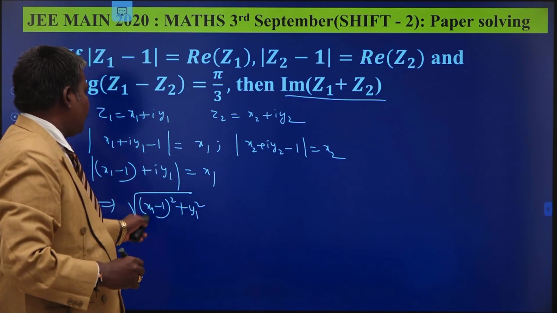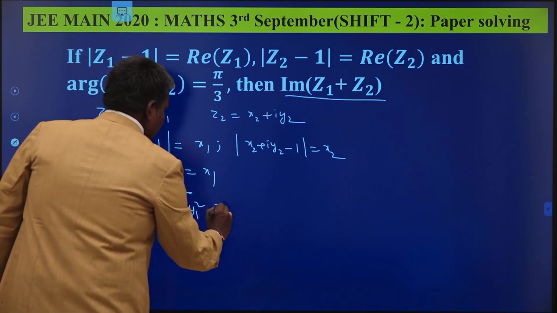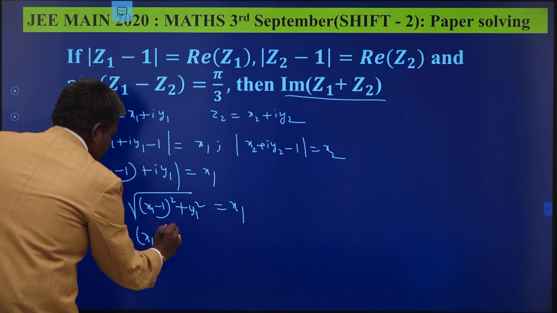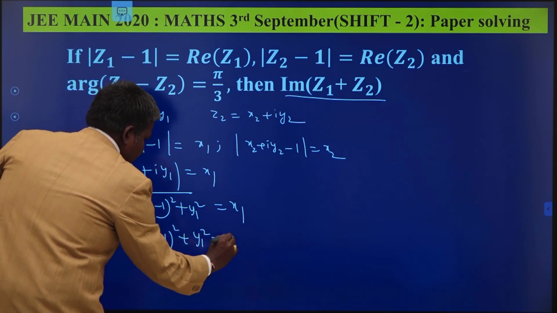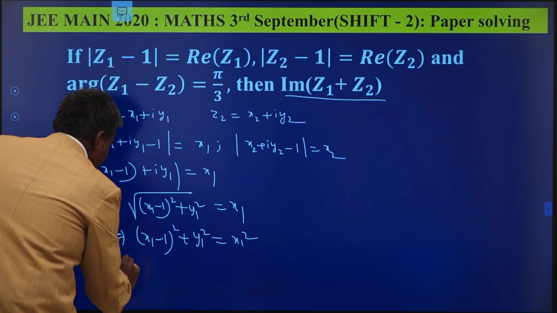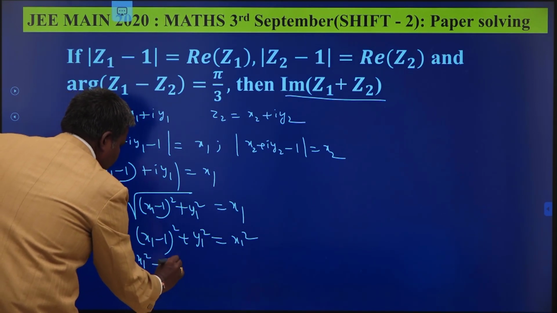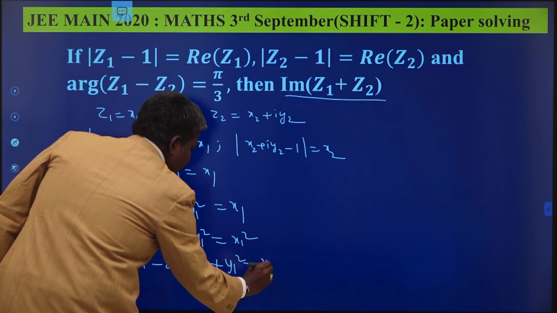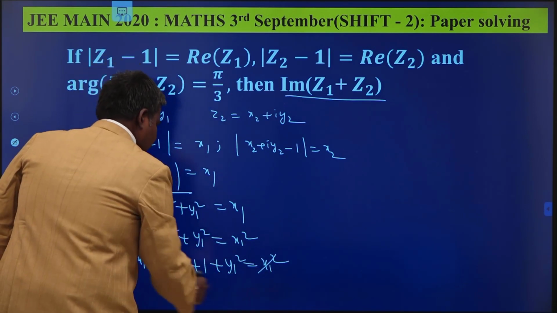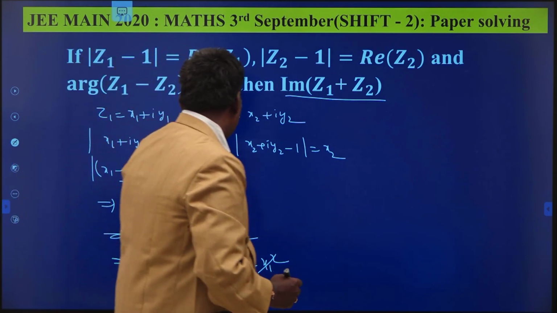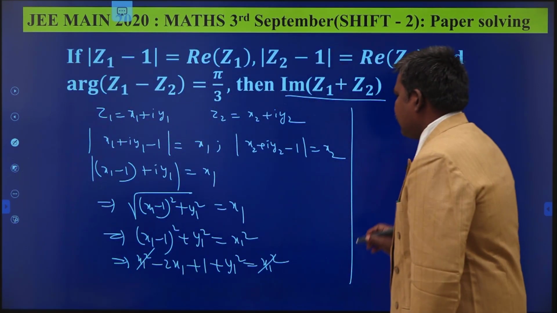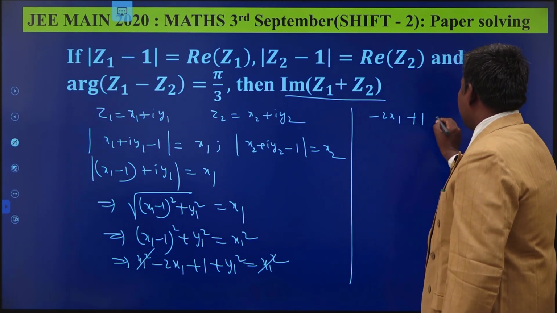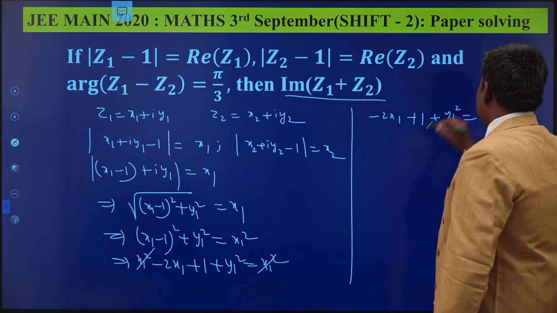Modulus of x plus iy is root of x square plus y square, equal to x1. By squaring on both sides, what do we get? (x1 minus 1) whole square plus y1 square is equal to x1 square. x1 square minus 2x1 plus 1 plus y1 square is equal to x1 square. So x1 square gets cancelled. What we obtain: minus 2x1 plus 1 plus y1 square is equal to 0.